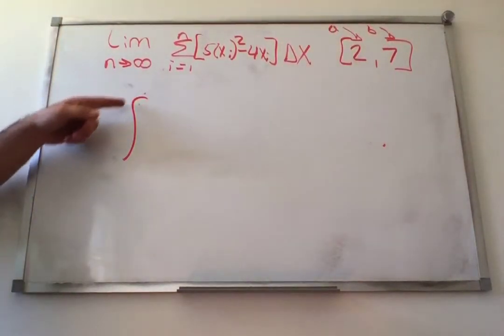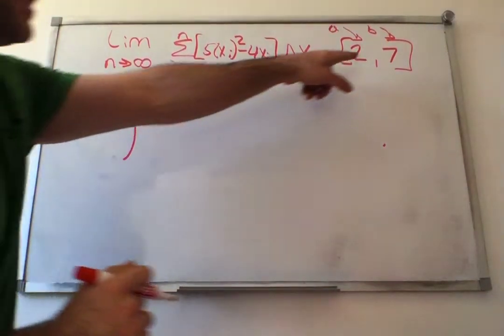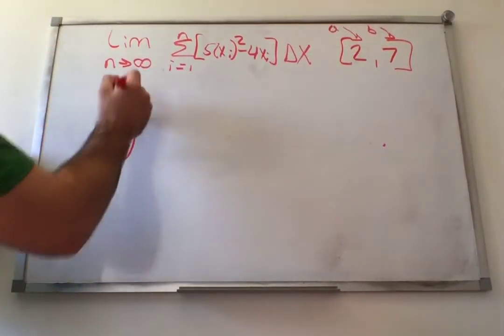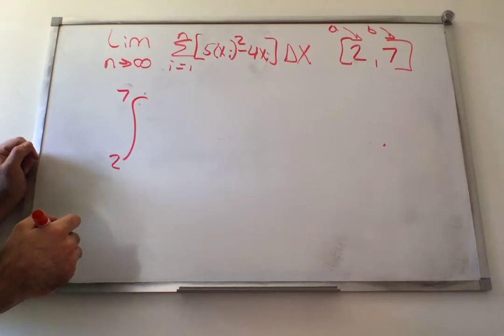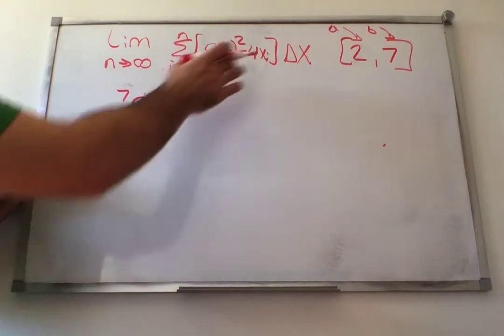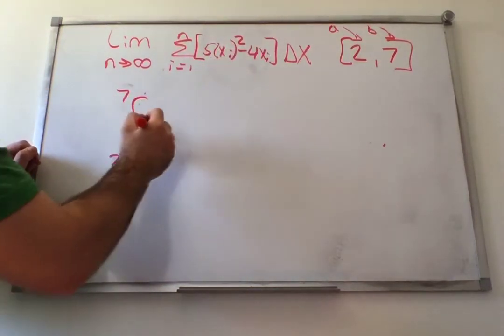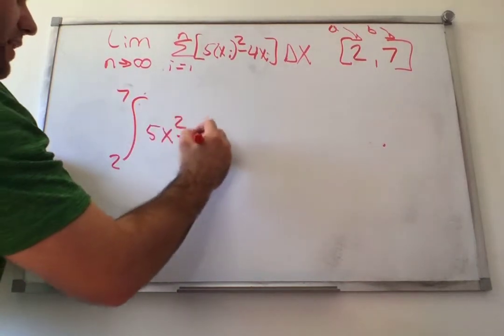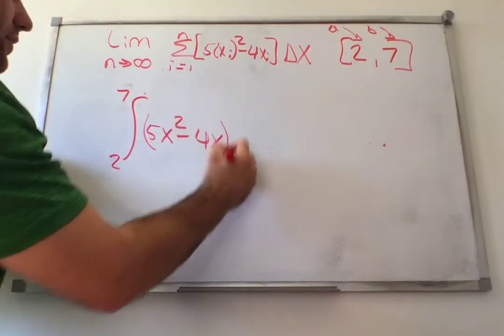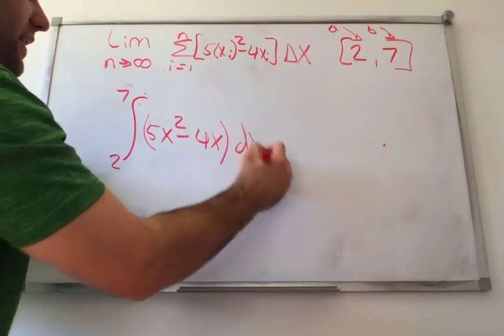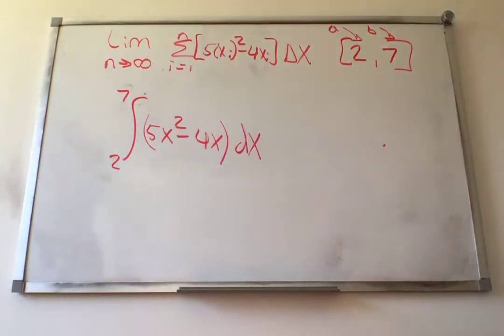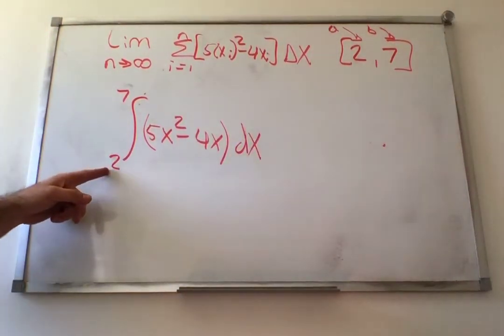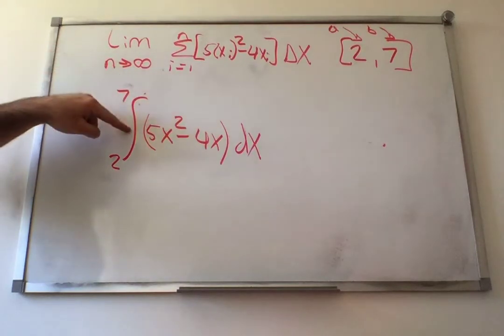Well, writing it as an integral, the lower limit is a, so 2. The upper limit is 7. Okay? And then we just got to put the function there. Okay? 5x squared minus 4x. And then put a dx. So, lower bound, upper bound. We've got our integrand.